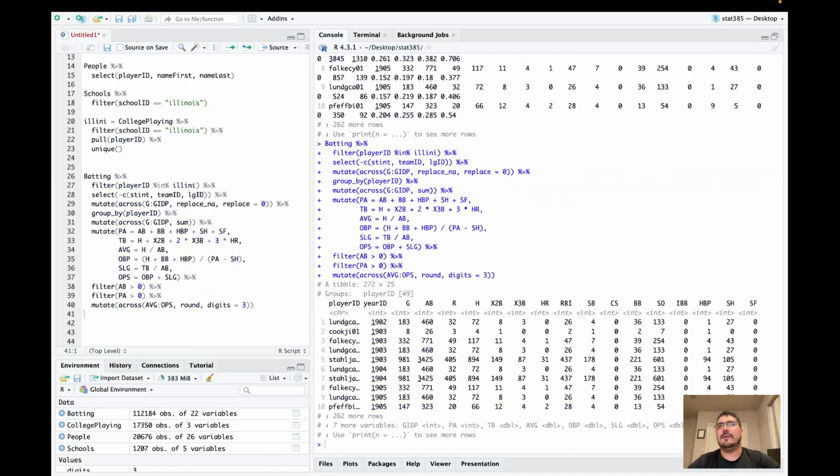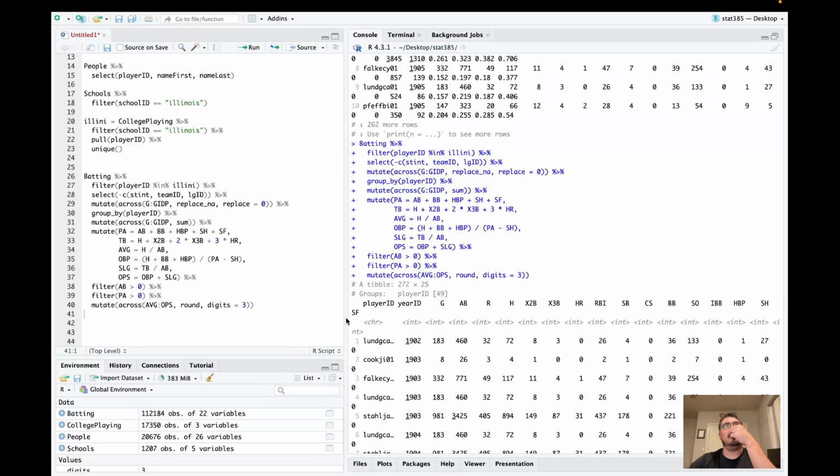All right, so now we need, okay, so we have information for all Illinois players. We have career batting information. In particular, we have OPS.